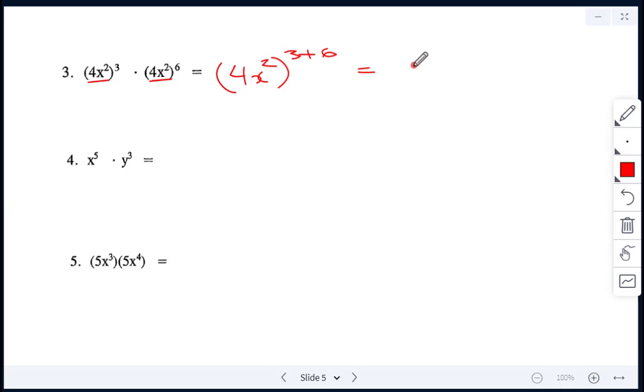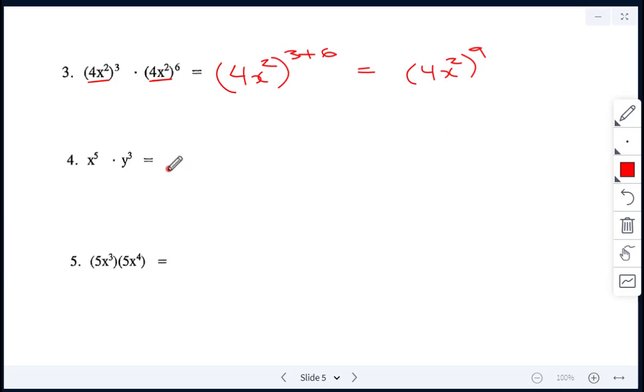So that becomes 4x squared to the power of 9. Now this can be further simplified, but because we're just learning the product law today, we're going to leave this as is. So 4x squared to the power of 9.